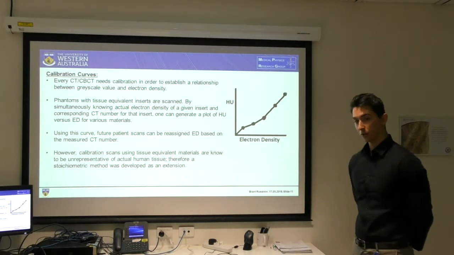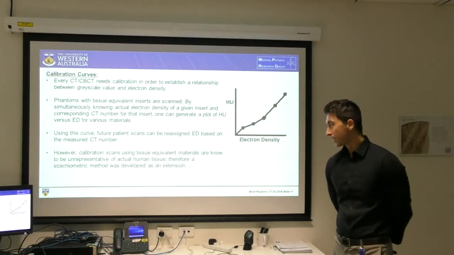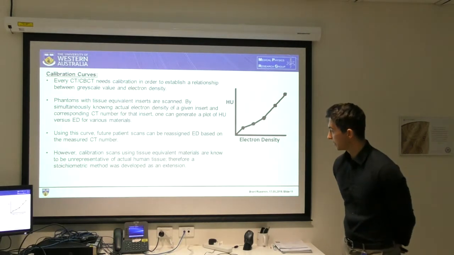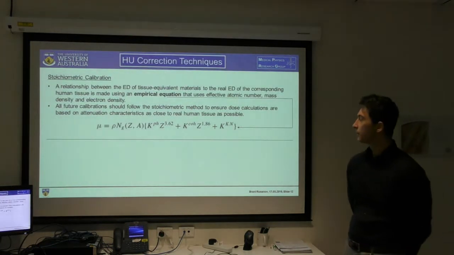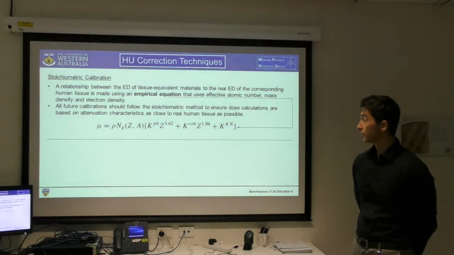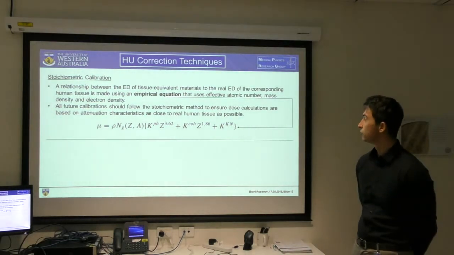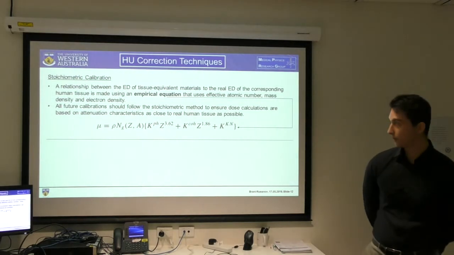calibration scans using tissue equivalent materials are known to be unrepresentative of actual tissue, and therefore a stoichiometric method was developed in the literature, as will be discussed next. In the stoichiometric method, a relationship between the electron density of tissue equivalent materials in the phantom is made to the actual real electron density of the corresponding human tissue.